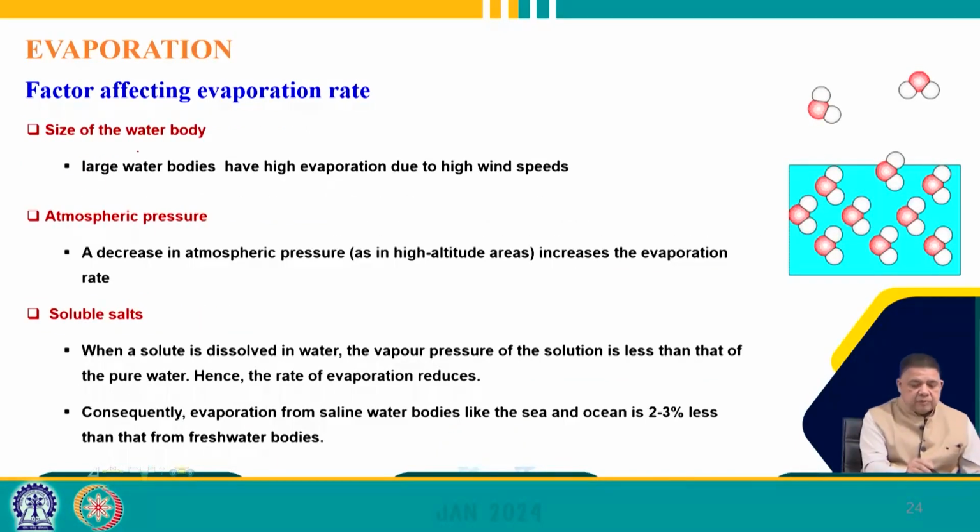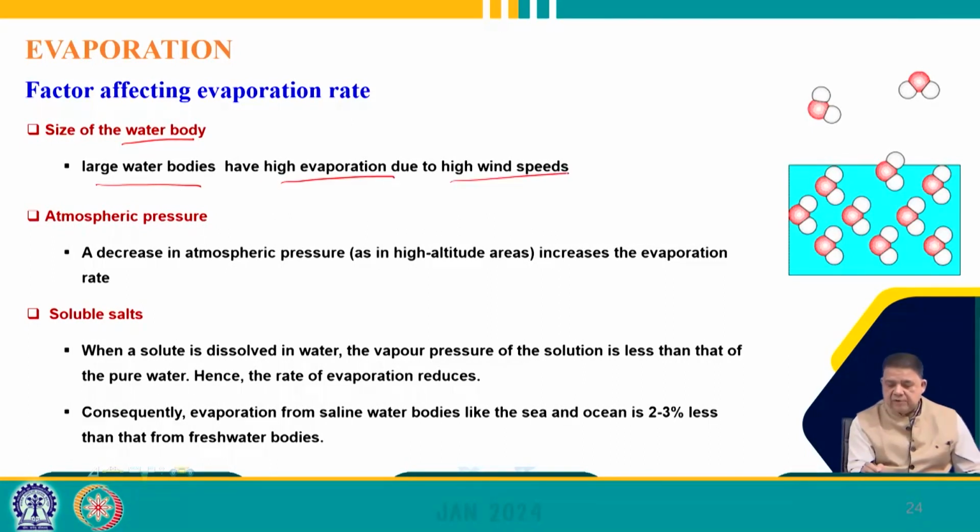Then size of the water body. Large water bodies have high evaporation due to high wind speeds, and also because of their size. Atmospheric pressure. Decrease in atmospheric pressure, as we experience in high altitude areas, increases the evaporation rate.